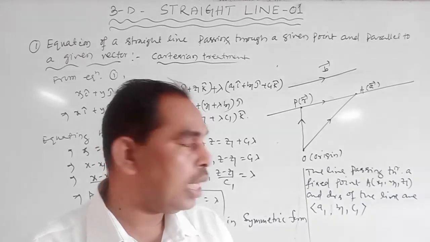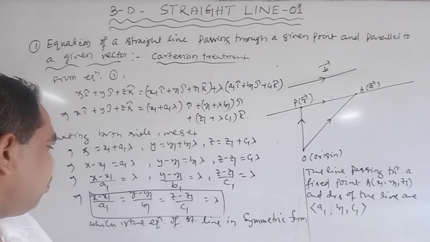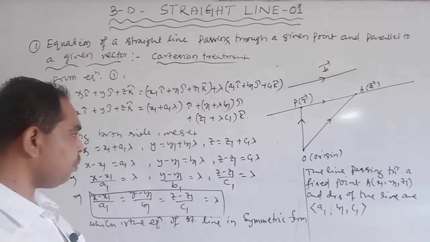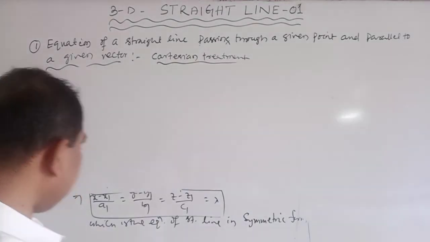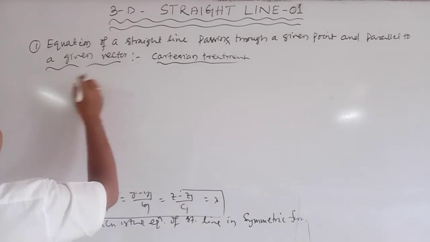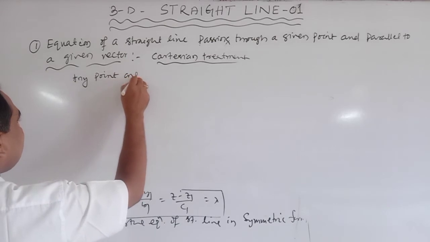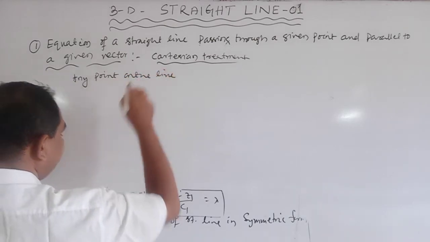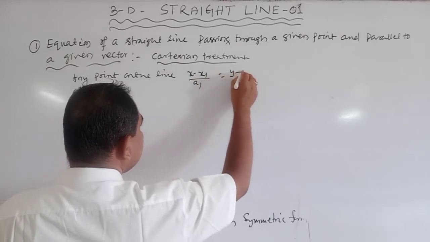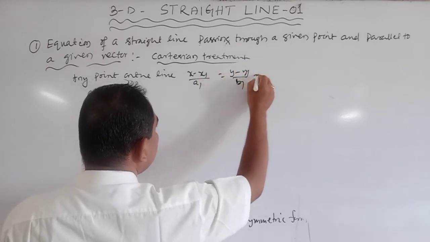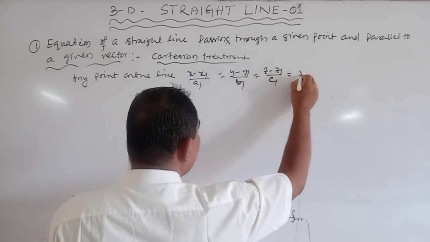Okay, next, any point on the line means what? Any point on the line: x minus x1 by a1 is equal to y minus y1 by b1 is equal to z minus z1 by c1 is equal to lambda.